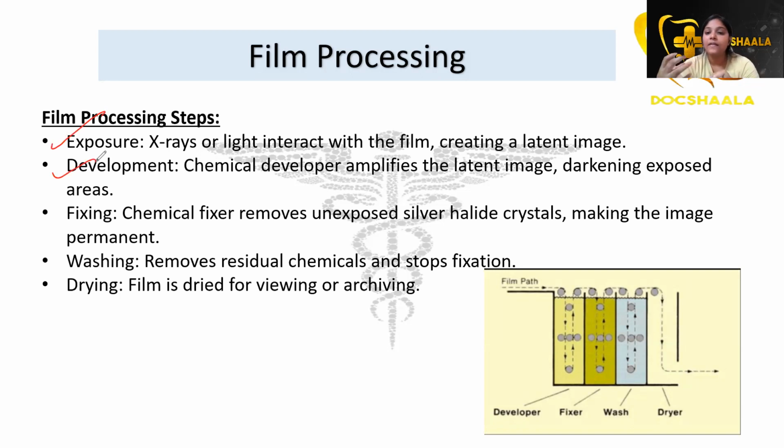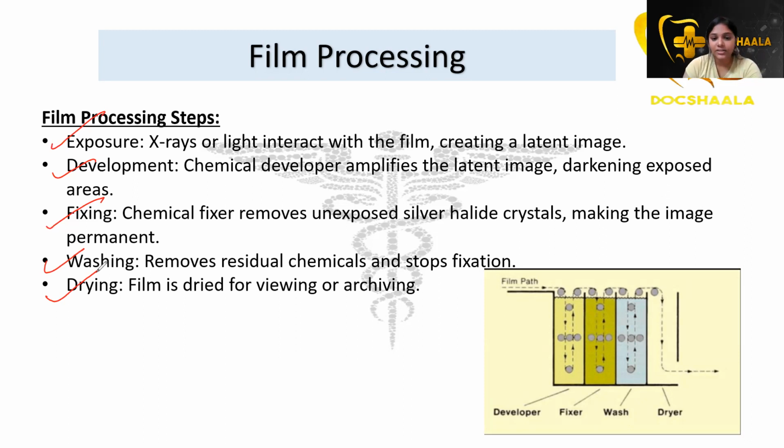Development is where the negative image formed on the sheet that we have placed is amplified so that it is readable. Then fixing, so that it gets fixed onto the sheet. Then washing and drying. In development, what happens is it amplifies the latent image, that is the hidden image, and darkens the exposed areas.